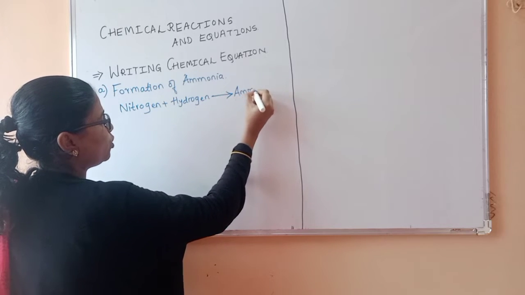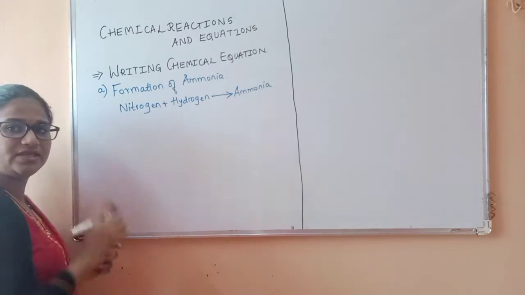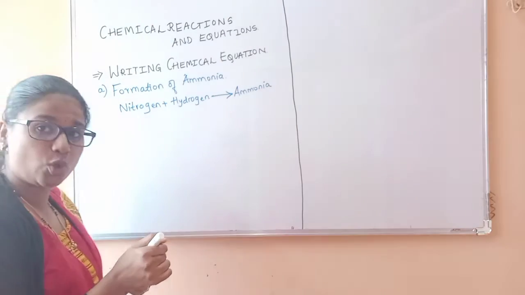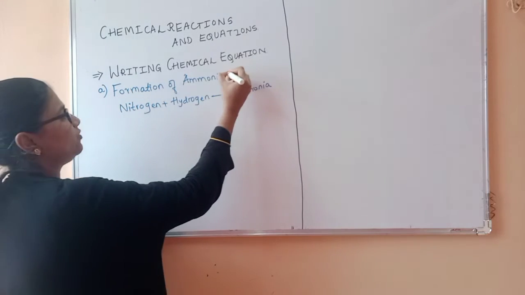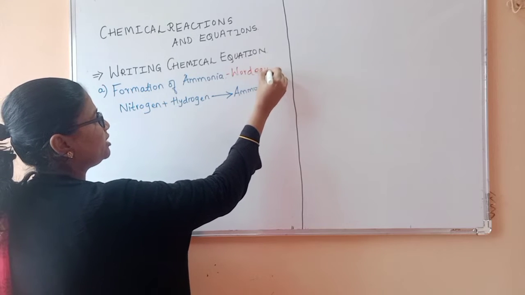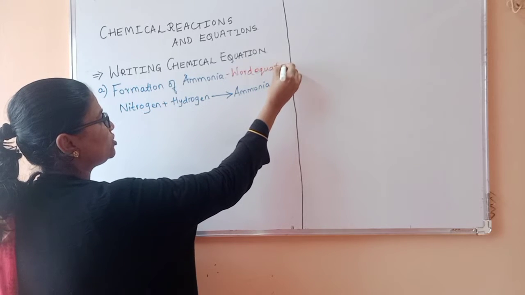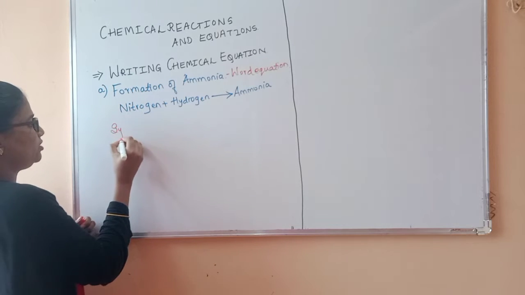What I wrote here is also a chemical reaction. As I wrote it in the form of words, this is a word equation. So I wrote the word equation of the formation of ammonia. Let us write the symbolic equation.